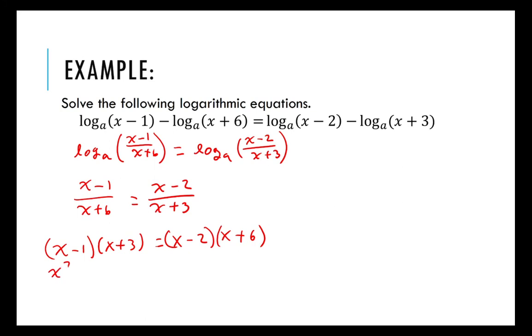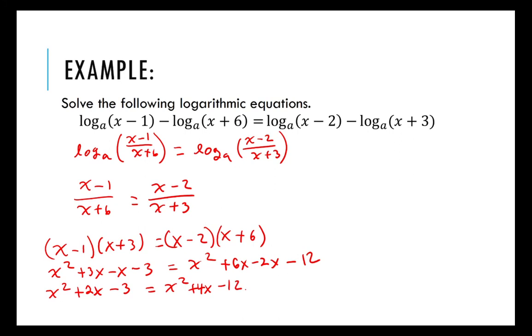This is then going to give me x squared plus 3x minus x minus 3 is equal to x squared plus 6x minus 2x minus 12. That's x squared plus 2x minus 3 is equal to x squared plus 4x minus 12.